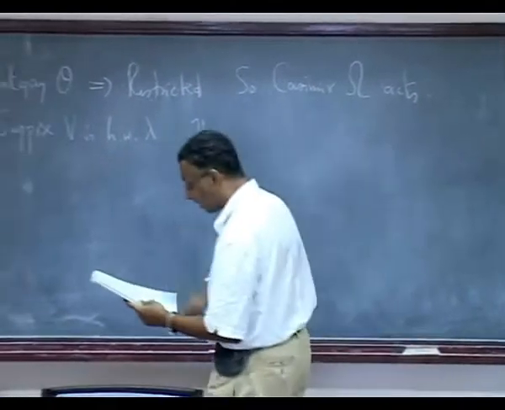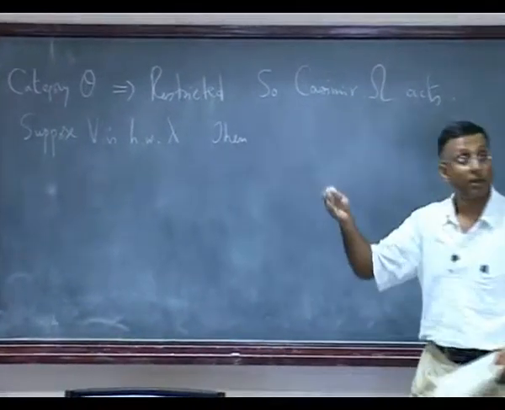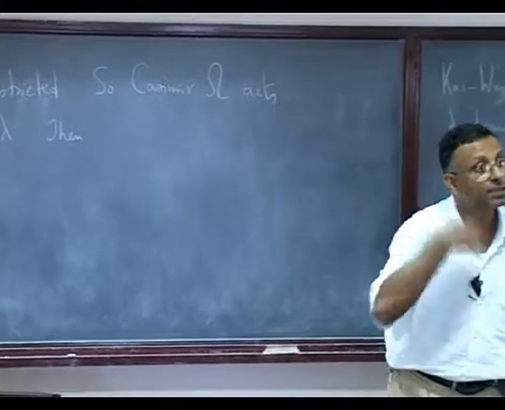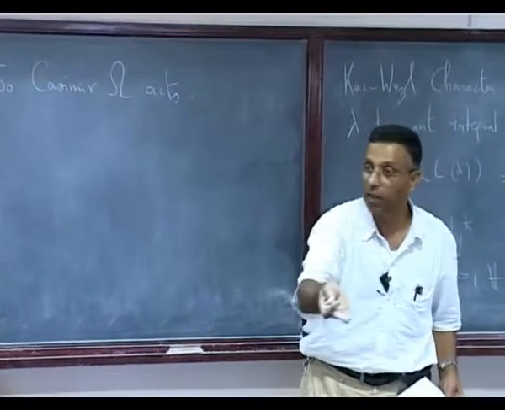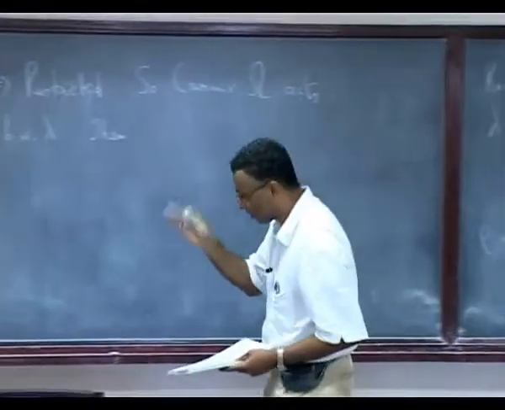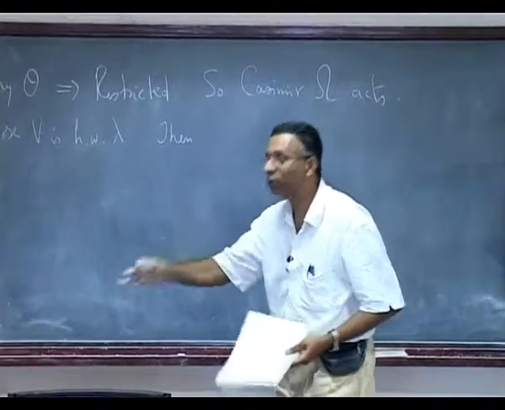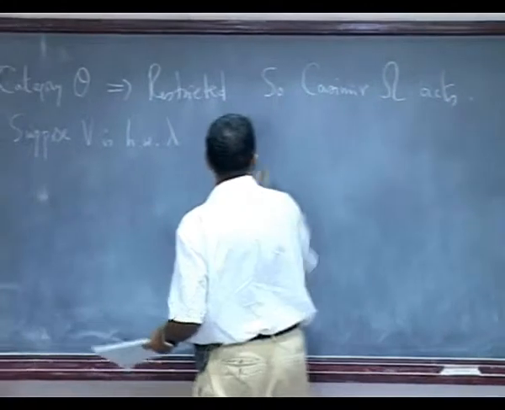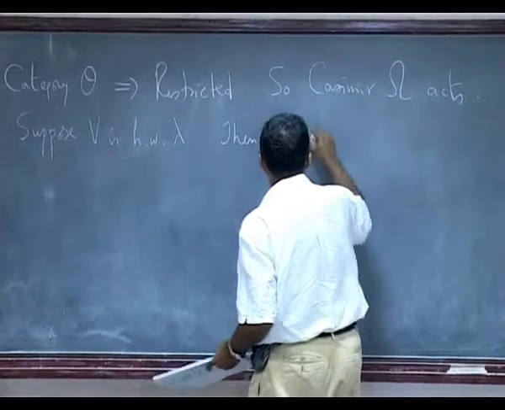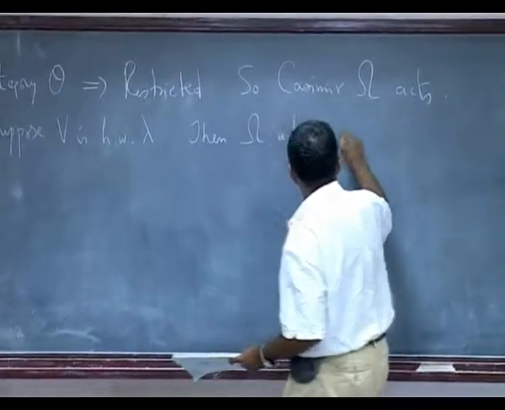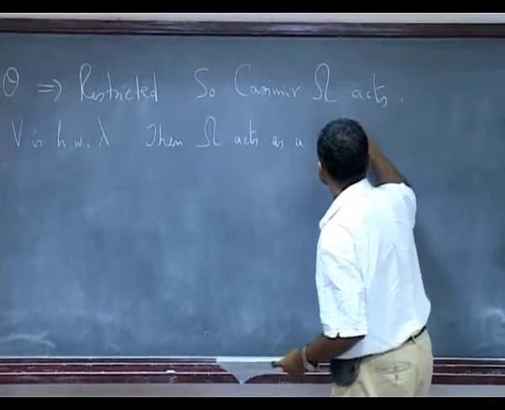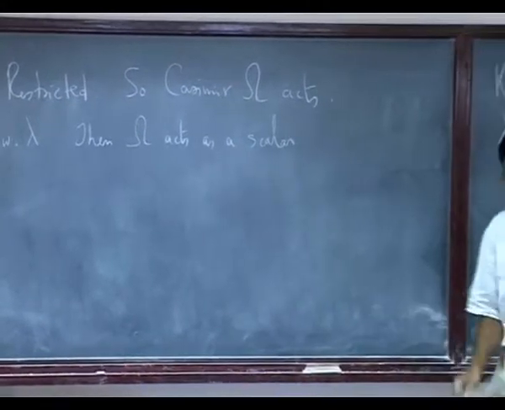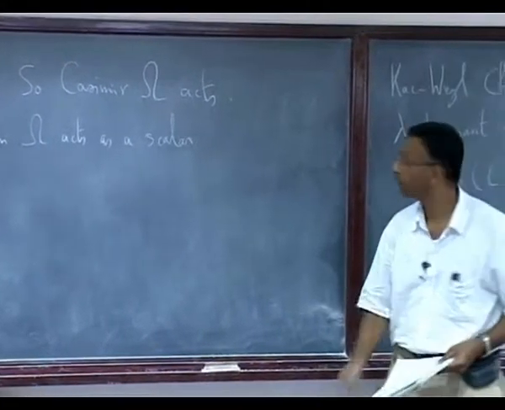And this Casimir we have seen lives in the center of the universal enveloping algebra. Or rather, not that way: it commutes with all the actions of G. That's a better way of saying it. So then this acts as a scalar. And what is the scalar that it acts as?